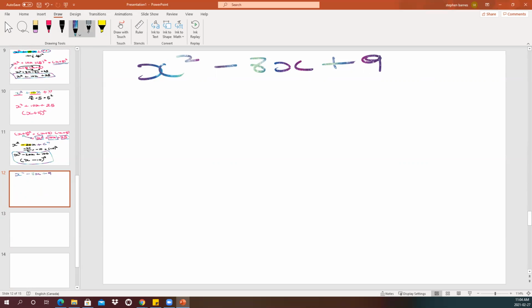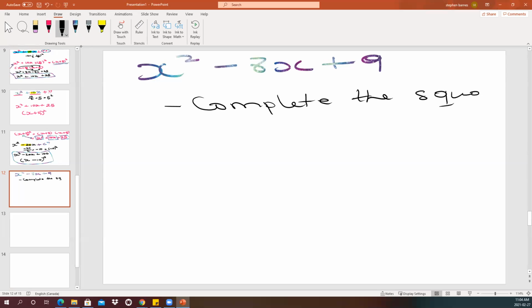Usually they can ask you to simply complete the square, and you will have to know what that means and what you have to do. We're going to go through the step-by-step process of completing the square on Monday. Or they will ask you to write it in a different form, which is the same thing.